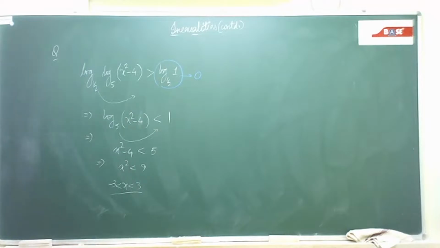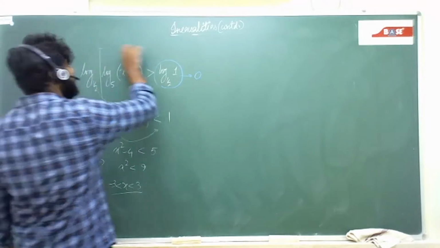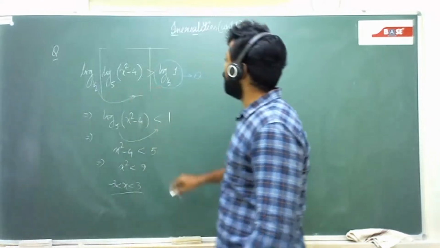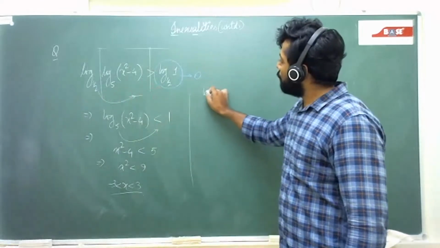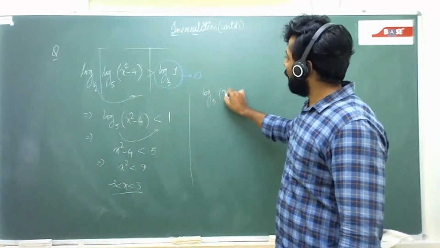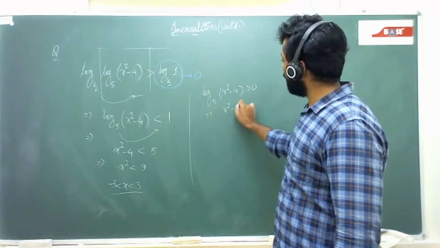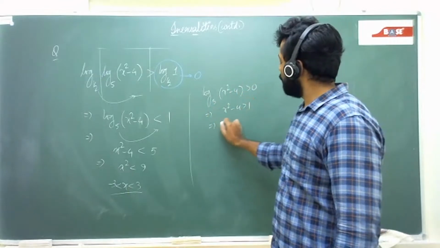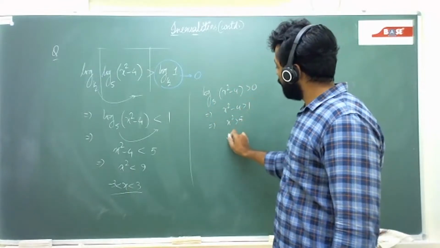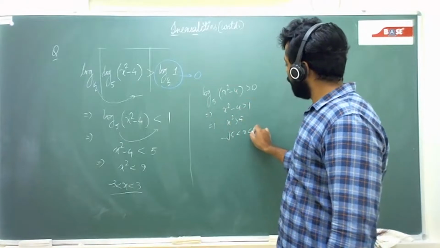We need logs to be valid. That means inside this log, what you have has to be positive. So log base 5 of x square minus 4 is positive, so x square minus 4 is more than 1. So x square is more than 5.